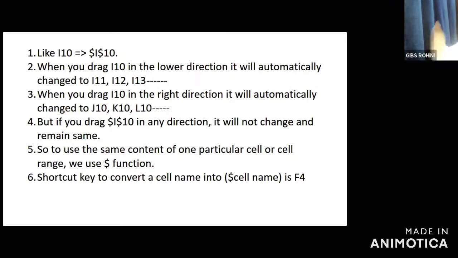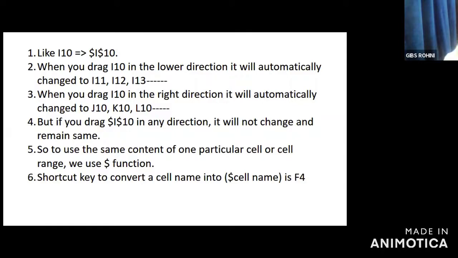And as I have just mentioned, if I drag it, it will change. So the shortcut key to convert a cell name into dollar form is F4. So you click on a particular cell, and if you press F4, automatically it will be $F$4. Whatever the cell name is, if it is I10, if you press F4, it will automatically be $I$10.